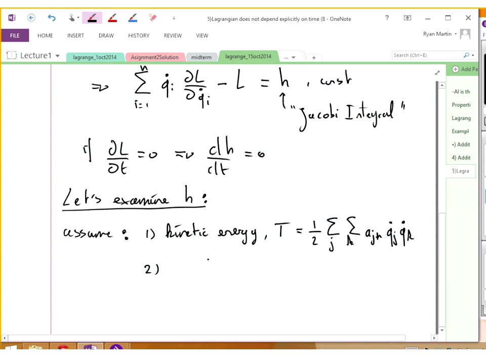And then 2, we'll assume that the potential energy V does not depend explicitly on velocities. That's just to make the math simpler.